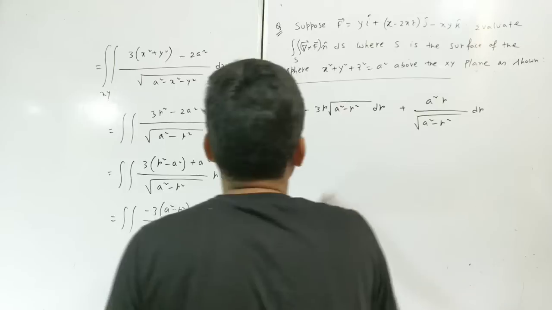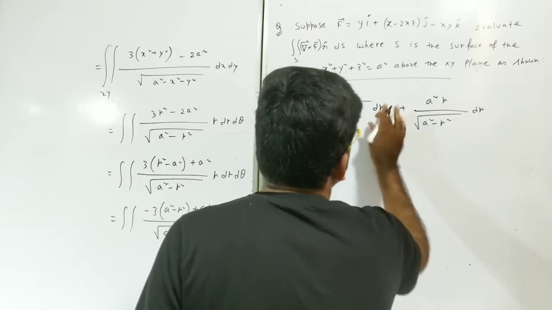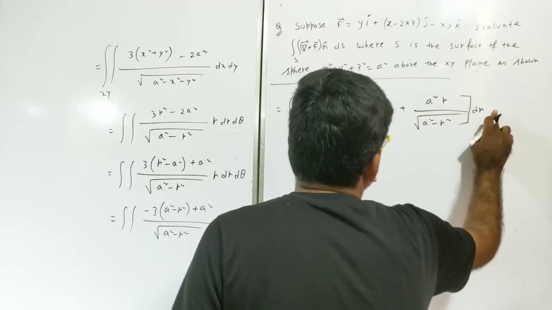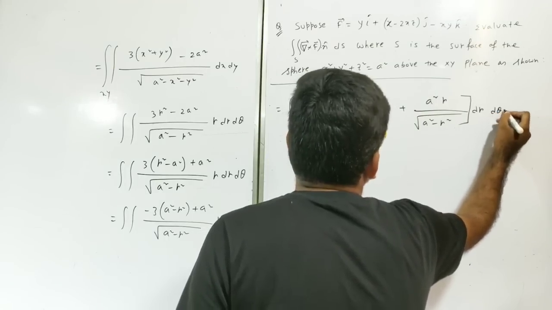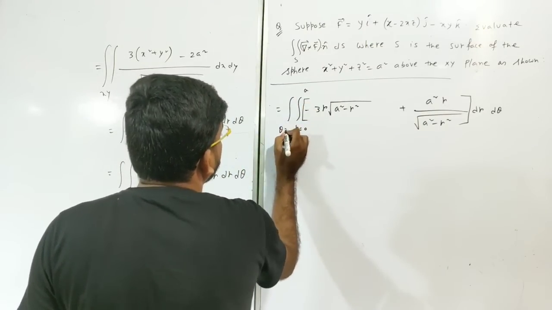So d theta is not dependent here, so you can separate it. This is our integration for dr, and another one is d theta, where r varies from 0 to a and theta varies from 0 to 2 pi.